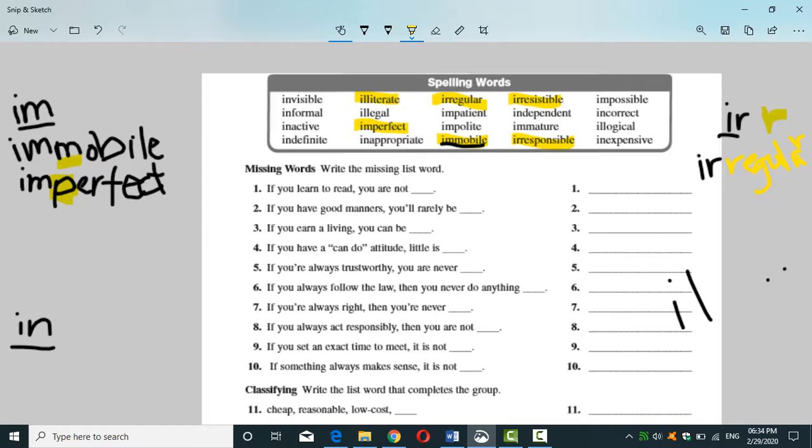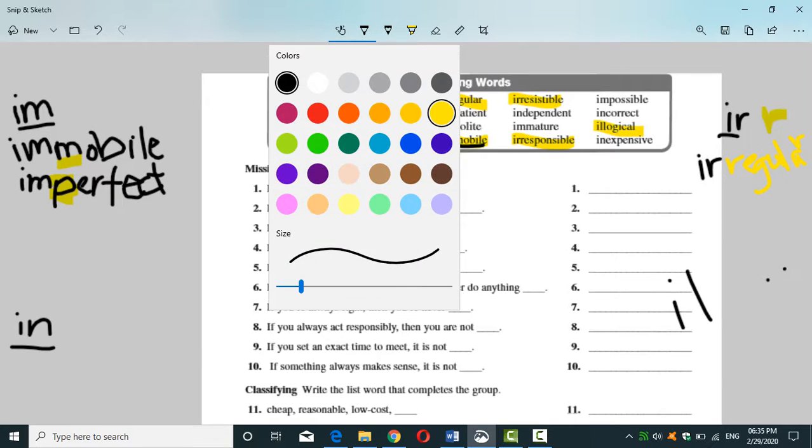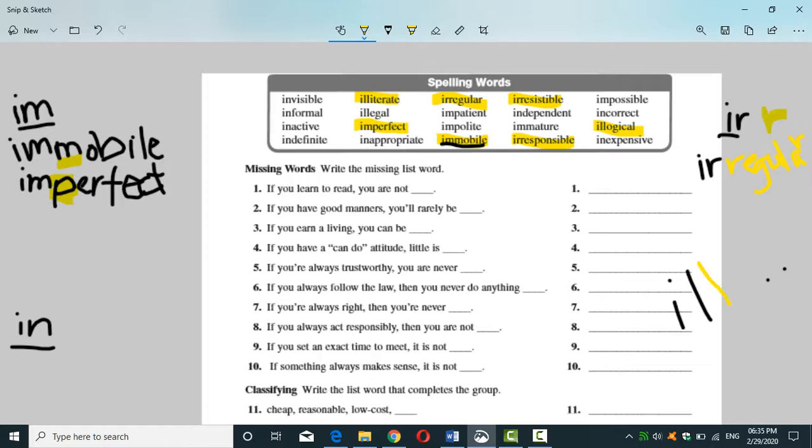And let's check illogical. The base word starts with L, as you can see. Illogical. The original word is logical, so illogical.